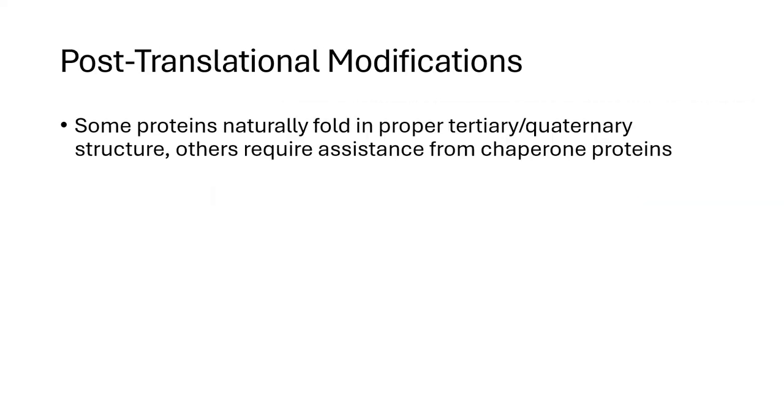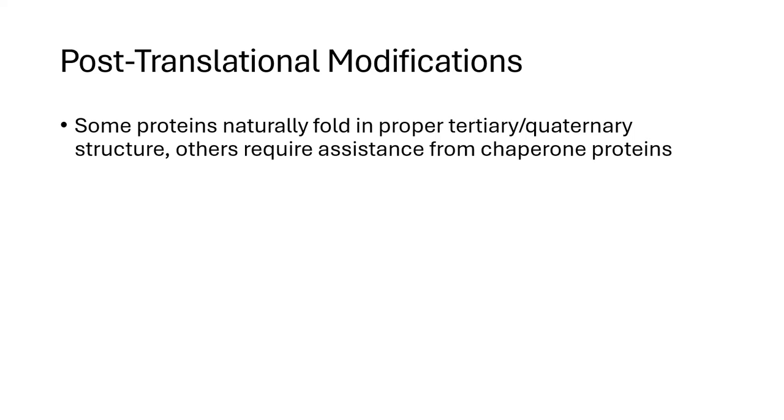And then, just like we had post-transcriptional modifications to modify the pre-mRNA, you actually can have modifications happen after translation as well. So if you've ever wondered why we only have about 25,000 genes but can produce a lot more proteins, part of it is you can have post-translational modifications change the protein once it's been translated. Some proteins can fold on their own into their proper tertiary structure.